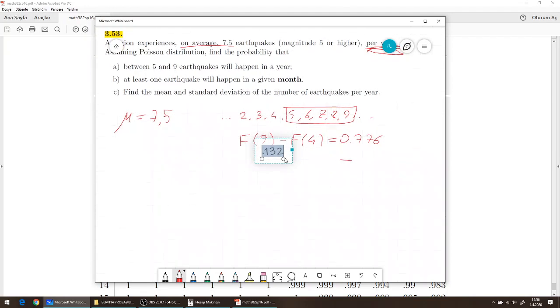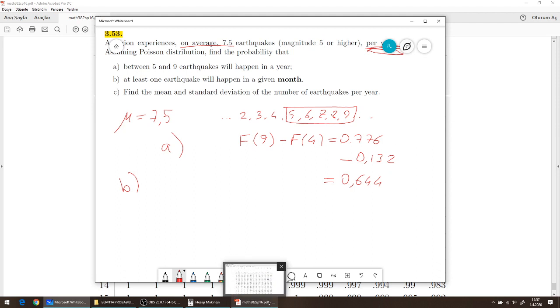I'm trying to move it. I'd better write it. This was part A of the question. Go to part B.